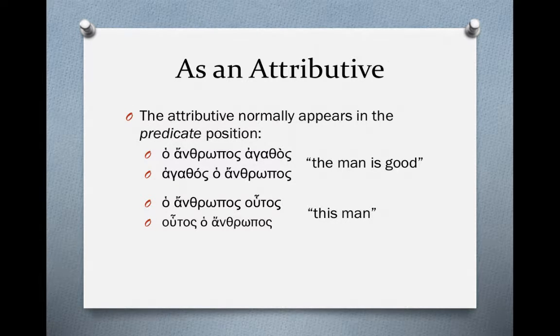So that's a little bit of a reversal. When you see the demonstrative pronoun in the predicate position, it's actually translated like an attributive adjective. That might be a little confusing, but let's keep this in mind: generally, when the demonstrative appears with a noun, it's functioning like an attributive adjective. Every once in a while maybe it functions like a predicate, but almost always it's going to be functioning like an attributive adjective.